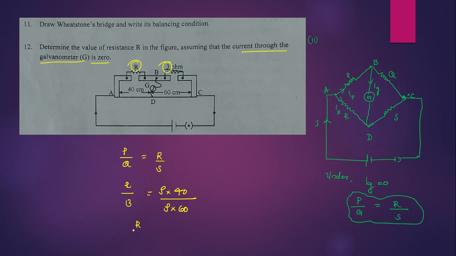So we can say R by 3 is equal to 2 by 3, and we get that R is equal to 2 ohm. That's the answer for question number 12.